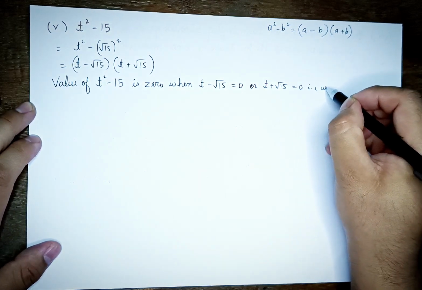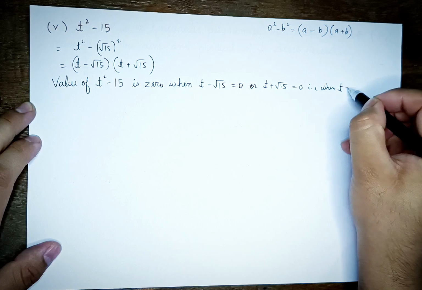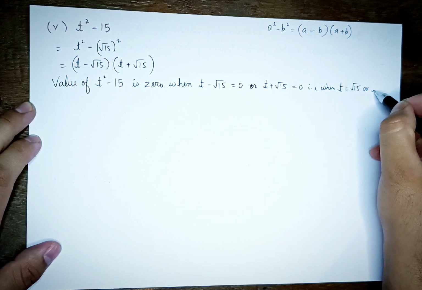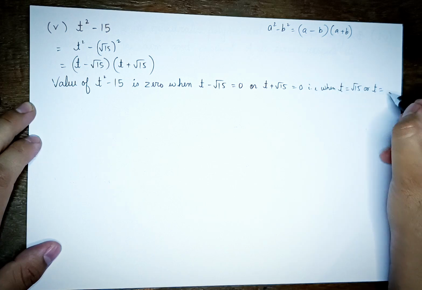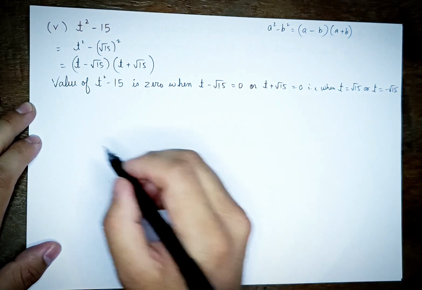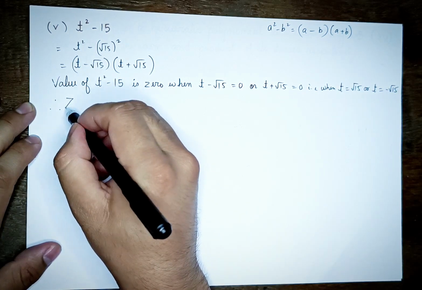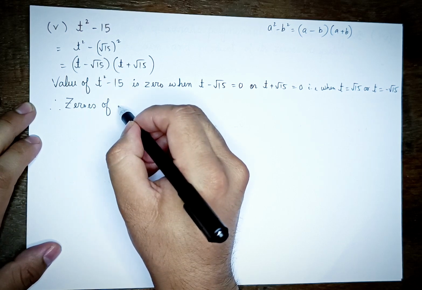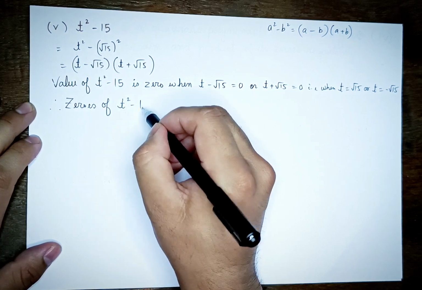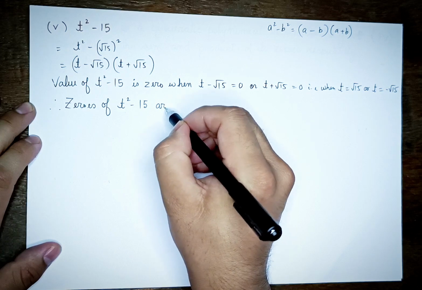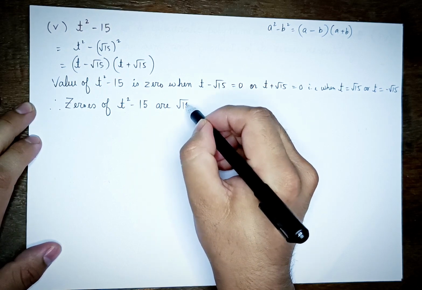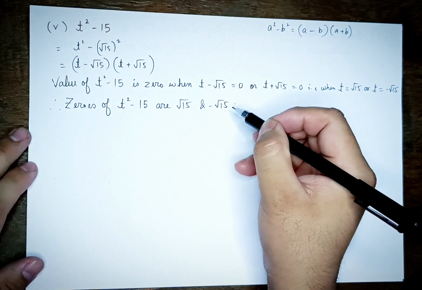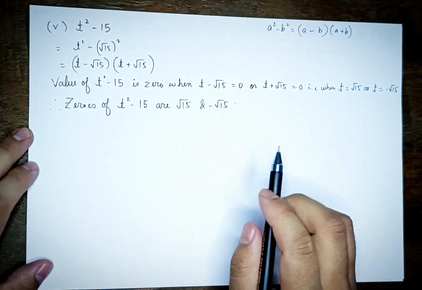That is, t is equal to root over 15 after transposing, or t is equal to minus root over 15. Therefore, zeros of t square minus 15 are root over 15 and minus root over 15. Here we found the zeros of this quadratic polynomial.